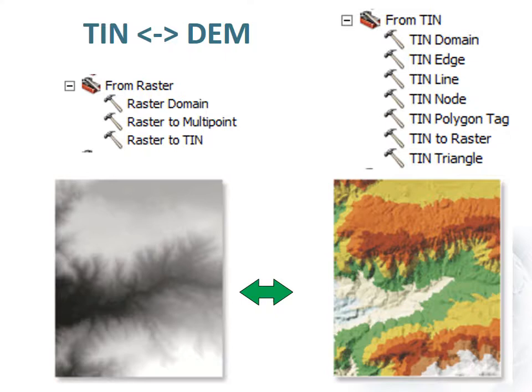You can't go back to exactly the same information. You're going to be introducing some error if you go back from the tin and create another raster of elevation from it. So if someone starts with a DEM, creates a tin, and then decides, I deleted my DEM, I need to create another one, so I'm going to create a DEM from that, it's not going to be as good as the original.